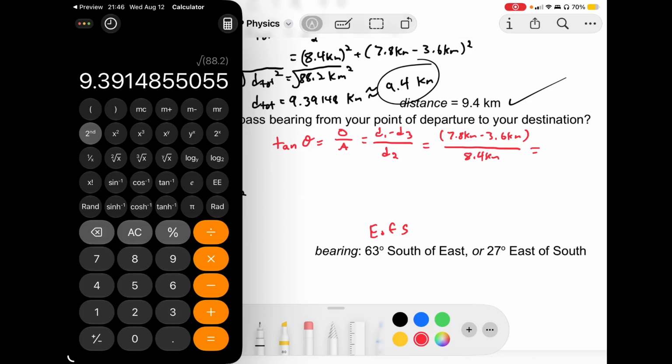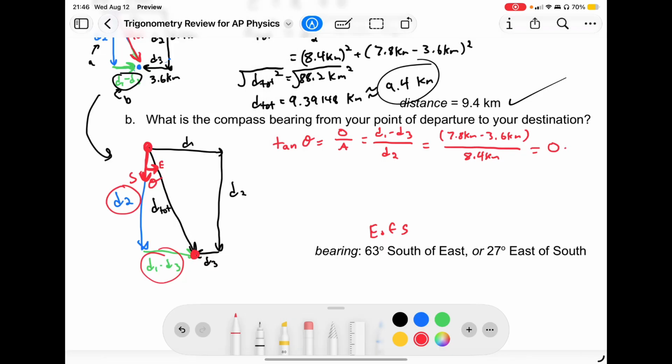Okay. So we're going to erase that. I'll put in parentheses 7.8 minus 3.6 in those parentheses, so the calculator knows to do the subtraction before the division, and then we'll divide by 8.4, and that should give us 0.5. Whoa, 0.5. And then, of course, to get theta, we want to take the inverse tangent of 0.5.